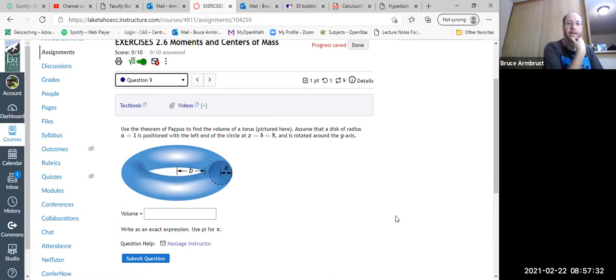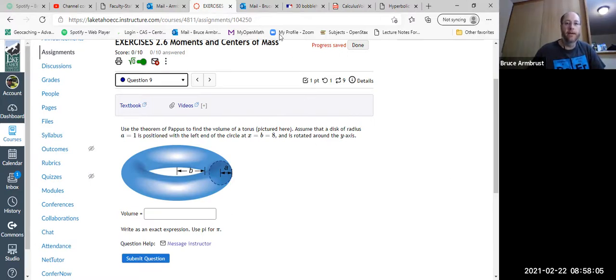Assume that the disk of radius a equals 1 is positioned with the left end of the circle at x equals b equals 8. And we're rotating it about the y-axis. Okay, let me write that down real quick. So that's 8. This is radius 1. Okay, cool.